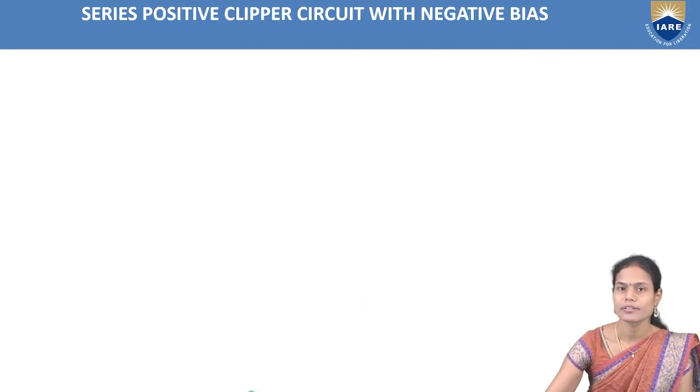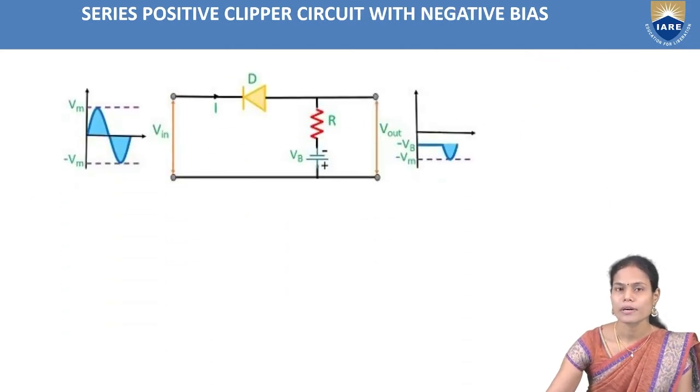And similarly, the next kind is the series positive clipper with negative bias. To make this circuit, we just need to flip the battery in the previous circuit. Just change the polarities of the battery here. The negative terminal is connected to the anode of the diode and the positive terminal should be grounded.